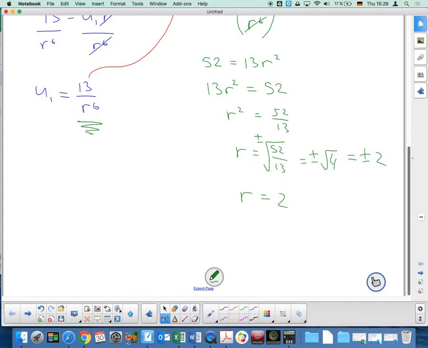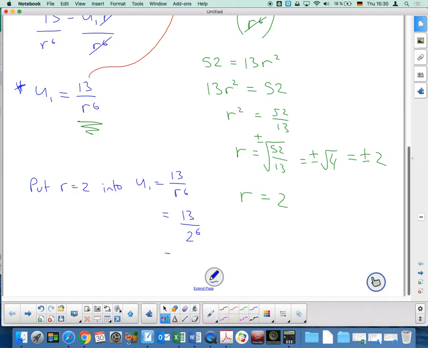Now the next thing I need to find is, what's the value of u1? So coming back to solve it simultaneously, I would then go back, say, to my first equation. So I would now write down, if I've got time, put r equals 2 into it, and I get 13 divided by 2 to the power 6.